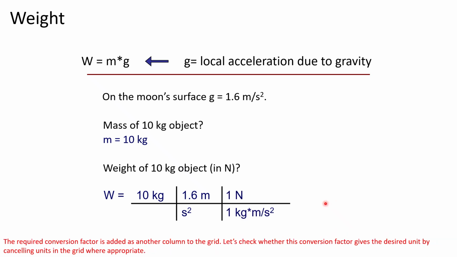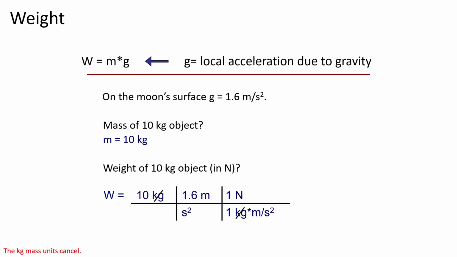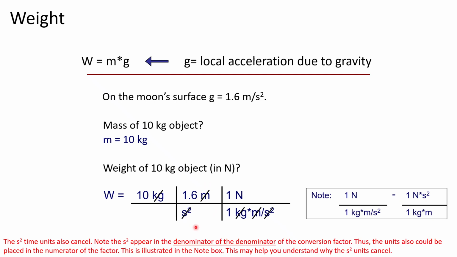The required conversion factor is added as another column to the grid. Let's check whether this conversion factor gives the desired unit by canceling units in the grid where appropriate. The kilogram mass units cancel. The meter length units cancel. The second squared time units also cancel.